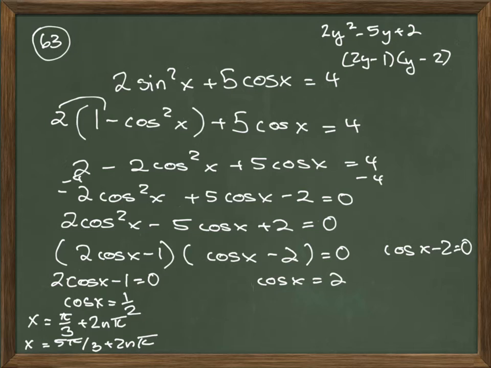Our trig functions are between negative 1 and positive 1, so this side is not possible. Cross it out. NP, not possible. The cosine cannot be equal to 2 for any angle. So guess what? Here are your answers. Guys, practice. Questions?